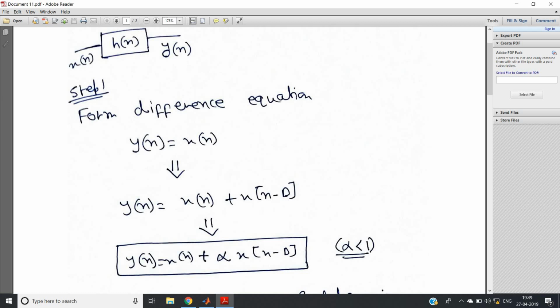We will multiply this factor alpha with the delayed version of our main audio signal. So in this way, from the basic concept of echo, we derived the difference equation which relates the output y of n and input x of n audio sequence, that is y of n equal to x of n plus alpha into x of n minus d.